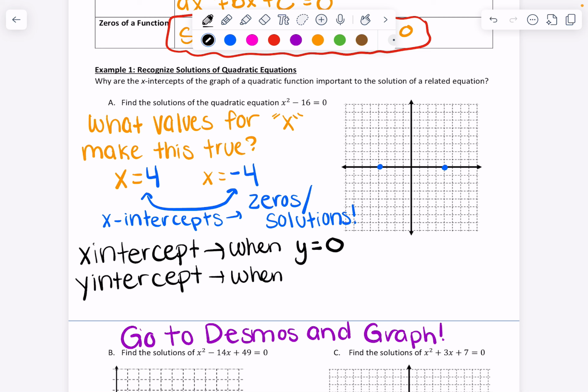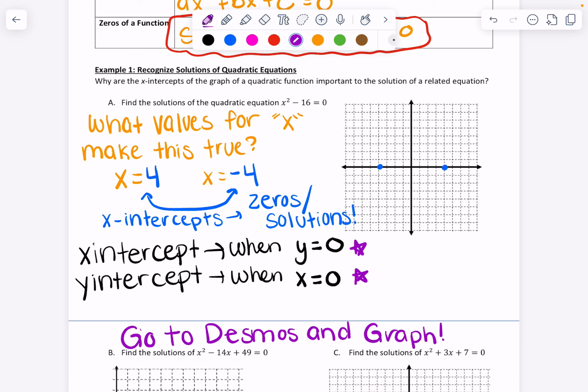On the other hand, the y-intercept is when x equals 0. If I write these x-intercepts out as coordinate points, here's what we mean. So that x-intercept is technically 4, 0, and this one is negative 4, 0. Notice how the y value is always 0. So making note of that will also help us going forward.